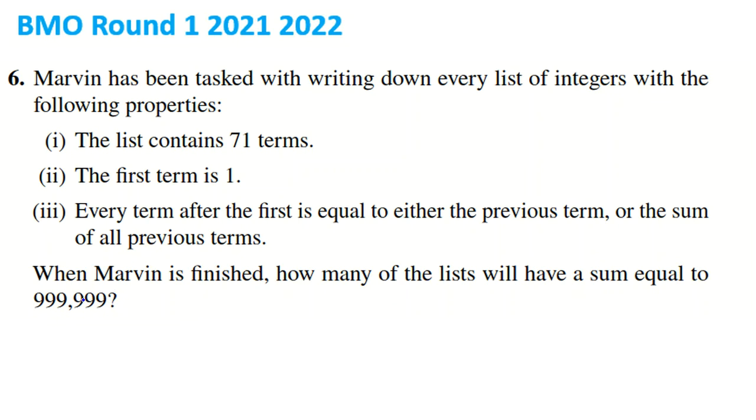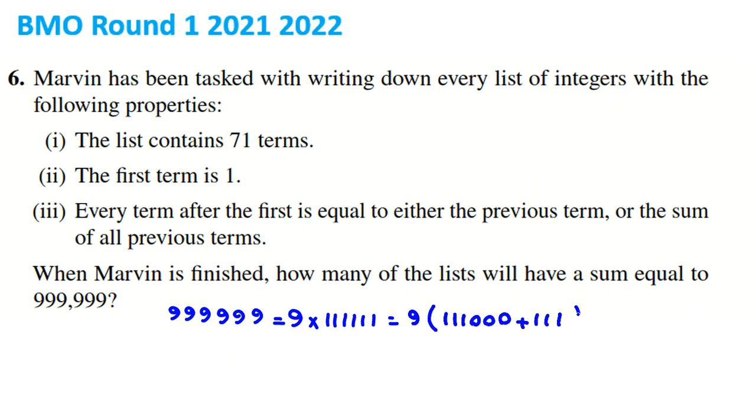So let's first check this number, 999999. It's a multiple of 9, so we can write 9 times 111111. And here, when you have six ones, you can say it's a multiple of 1001. Why? Because it is 9 times 111000 plus 111.